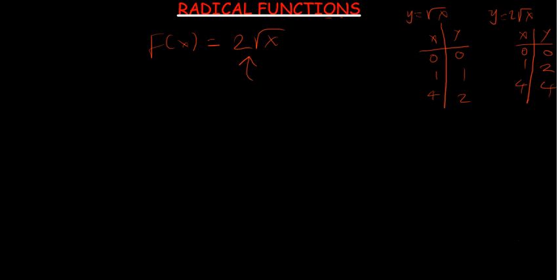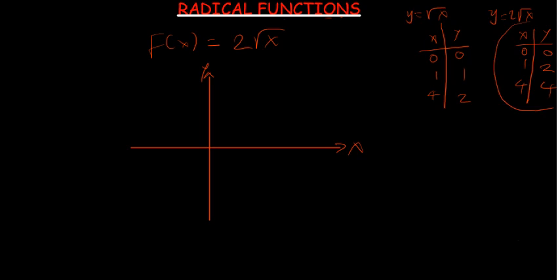I don't know what word to use. Let me first show the sketch, and then I will find the word which I can use. So if this is our x, this is our y. We are talking of this point here.